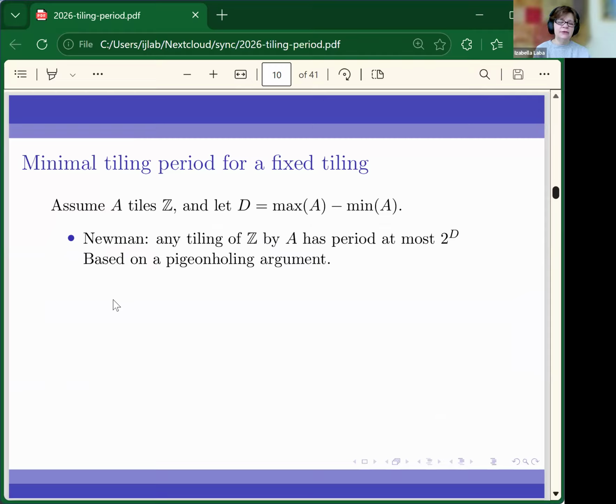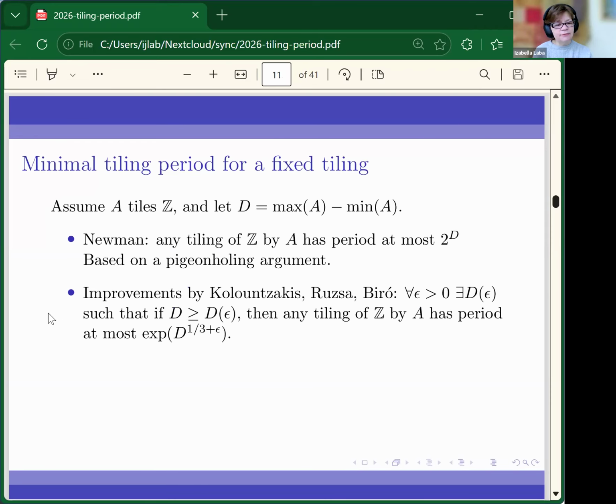A pigeonholing argument just based on looking at all possible configurations of elements in the interval of length equal to the diameter of A. So D is going to be the diameter of A here in this talk, and that's the maximum of A minus the minimum of A. So the pigeonholing argument gets us a bound on the period of any tiling, and that's going to be 2 to the D here.